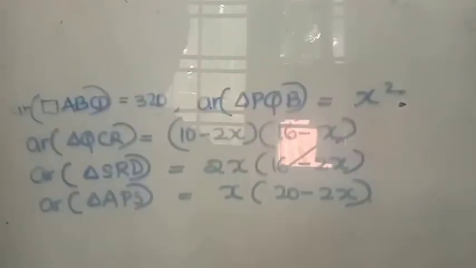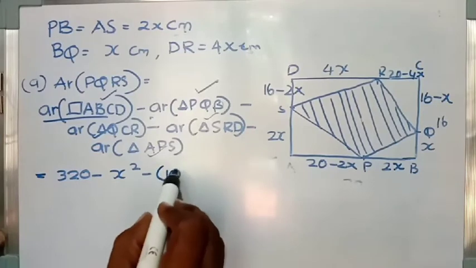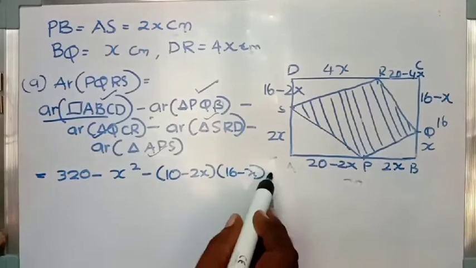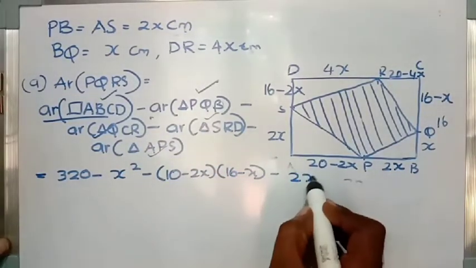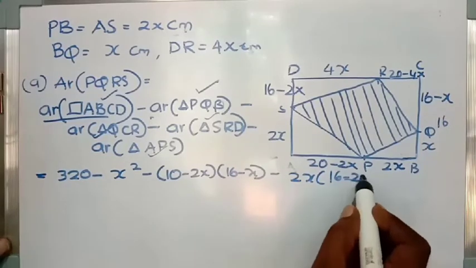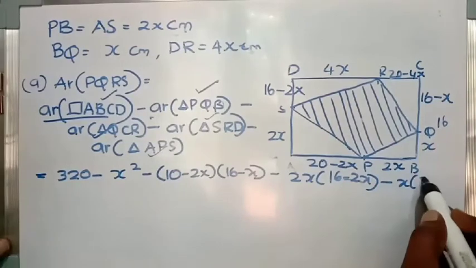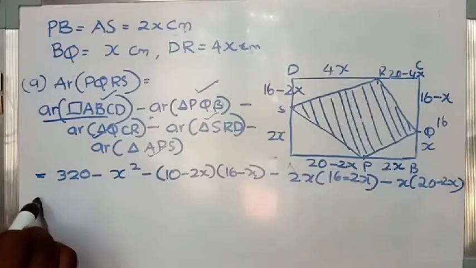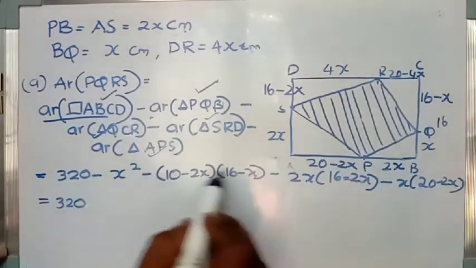Triangle QCR is 10 minus 2x into 16 minus x. Minus area of triangle SRD is 2x into 16 minus 2x minus this one is x into 20 minus 2x. Let's do that. Everywhere we can find a minus.